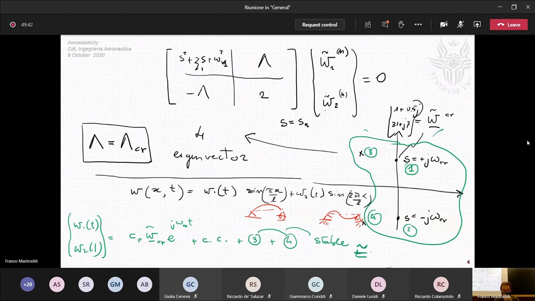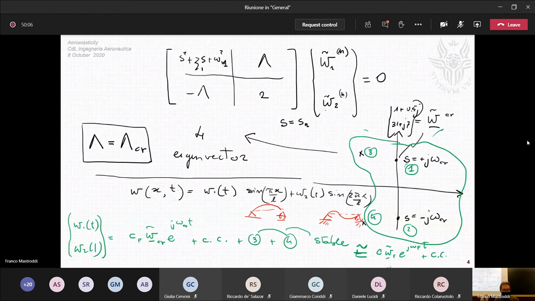Neglecting the stable part, I have a coefficient by W, let me call it flutter, please, instead of critical. Flutter eigenvector, e to the power j omega flutter t, plus the conjugated part. And that's it.